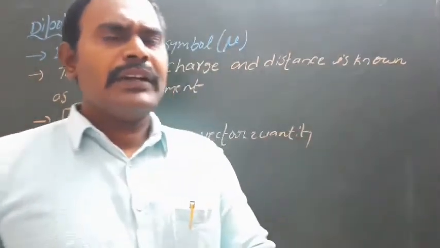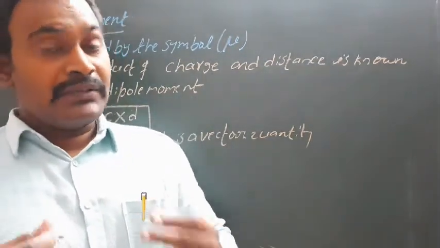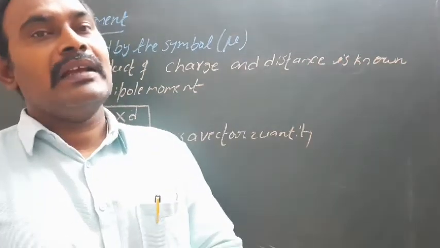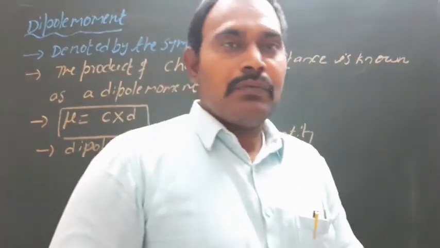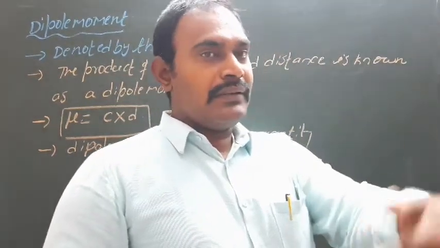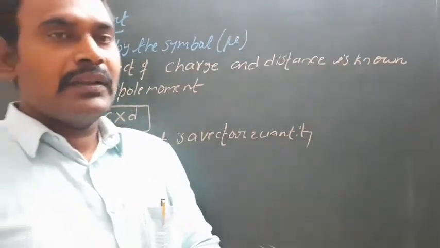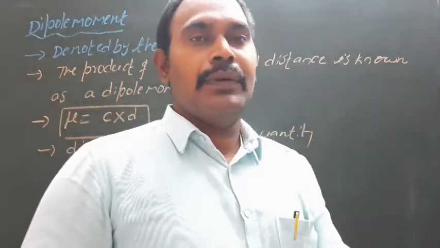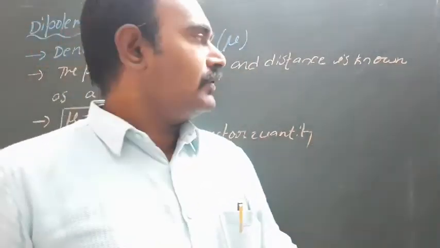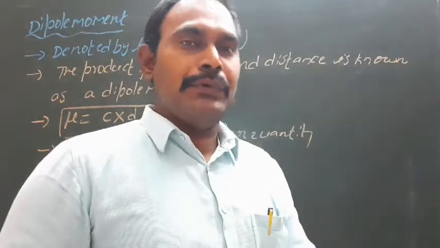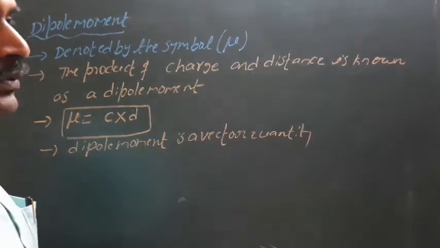A physical quantity which has both magnitude as well as direction is known as a vector quantity. All physical quantities are divided into two types: scalar quantities and vector quantities. Scalar quantities have only magnitude but no direction, while vector quantities have both direction as well as magnitude. So here the dipole moment is a vector quantity.